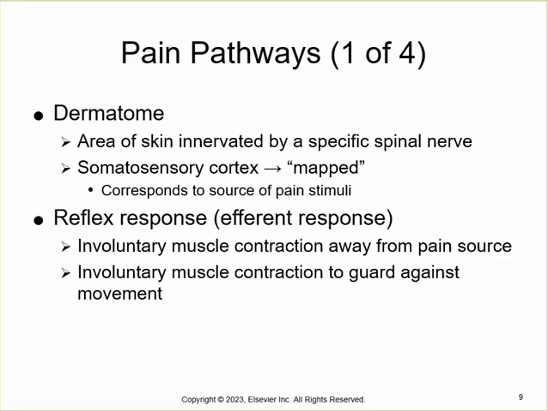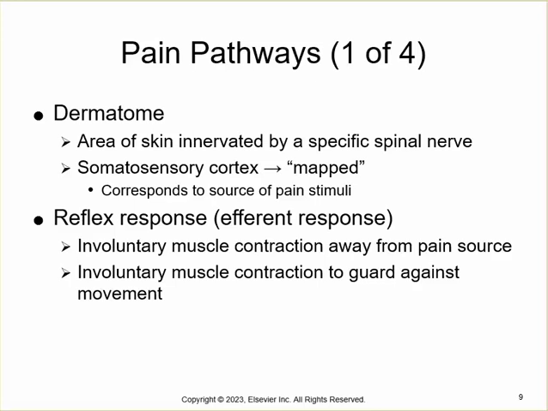But they also synapse right within the spinal cord with motor neurons, and they cause reflex action. So you automatically withdraw from a pain source, an involuntary muscle contraction to withdraw from the pain source. That's called the withdrawal reflex.